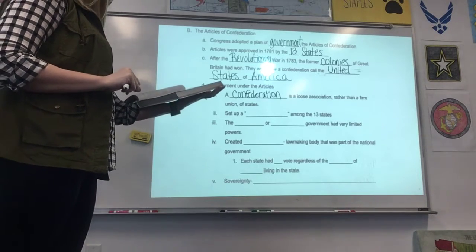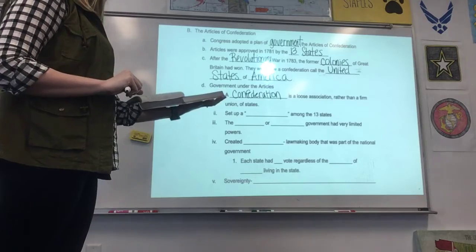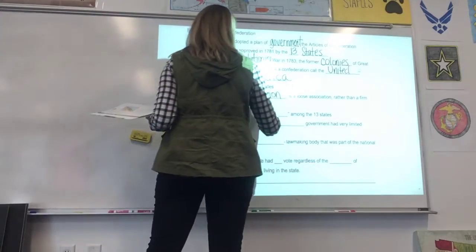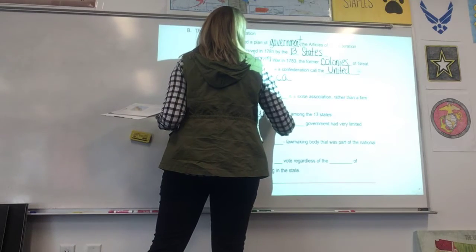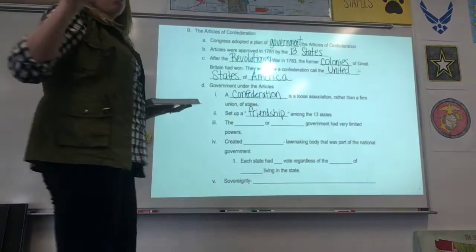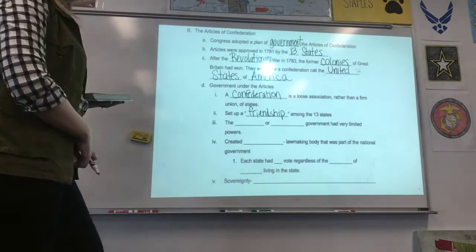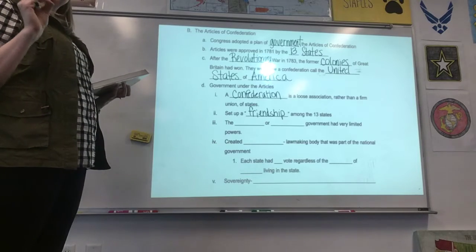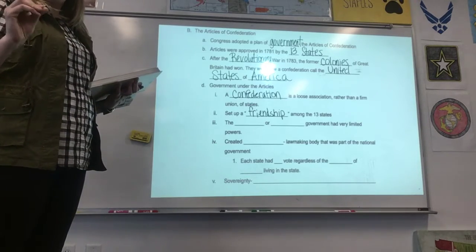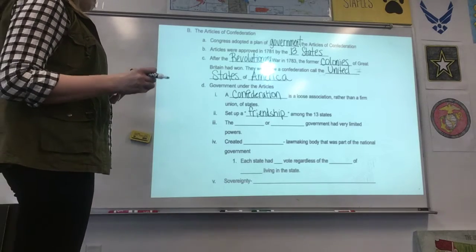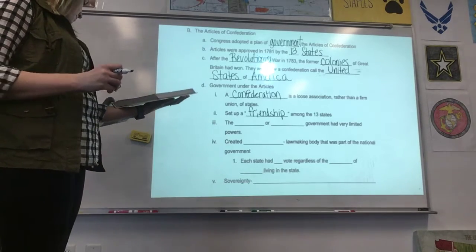So it set up a firm league of friendship. We're going to call it a friendship, and friendship's in quotes, okay? Because they weren't forced to work together, but they did because they were friends. So it's a friendship among the 13 states.